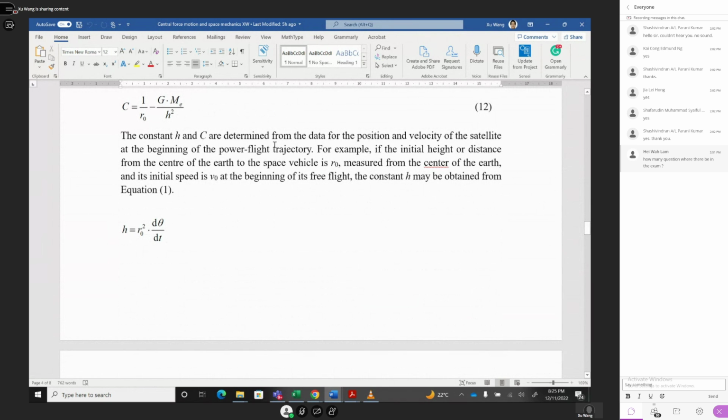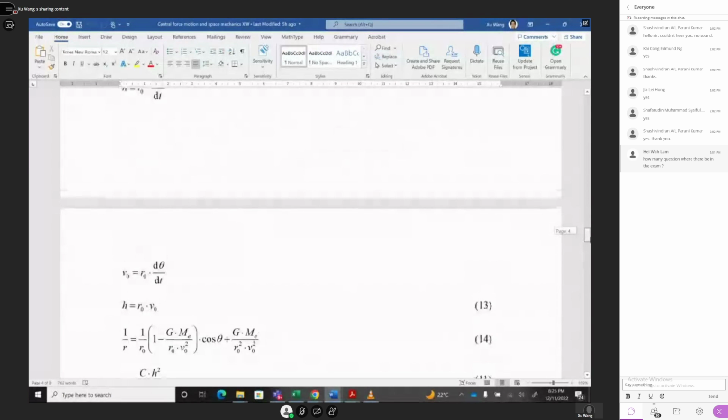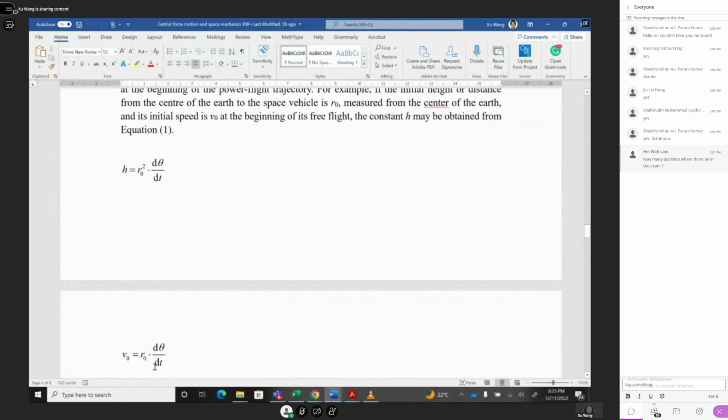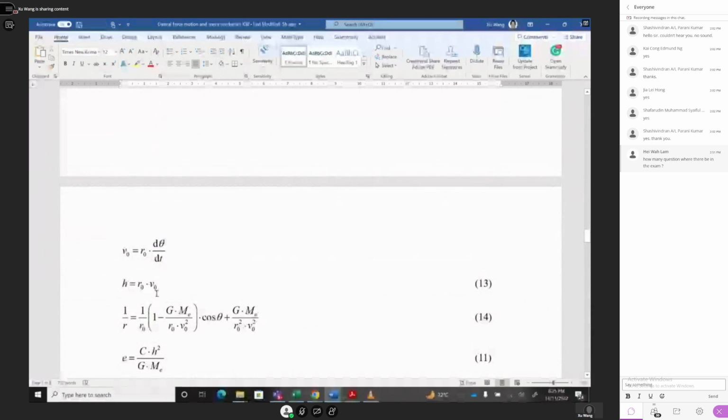This is a constant, the integration constant from the initial condition. And then initially the velocity equals omega times r0. You compare this one, and you get h equal to r0 multiplied by v0. That's how you get h.